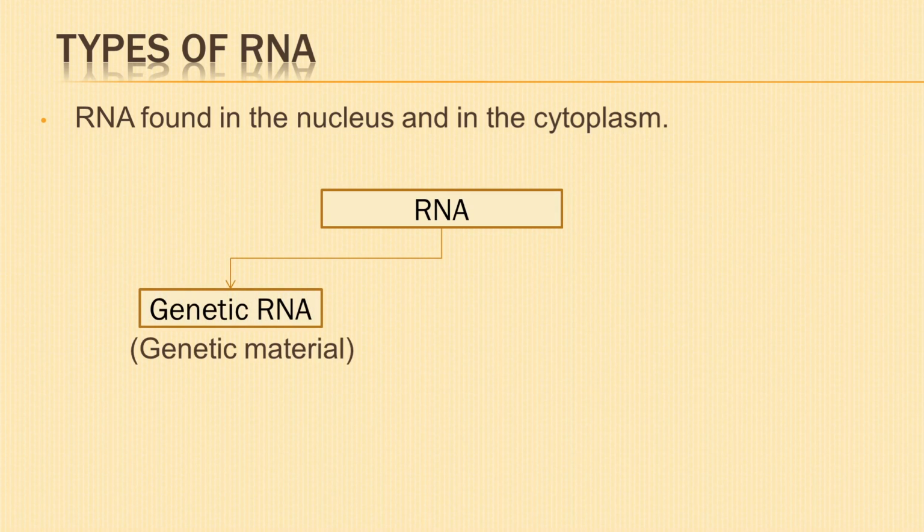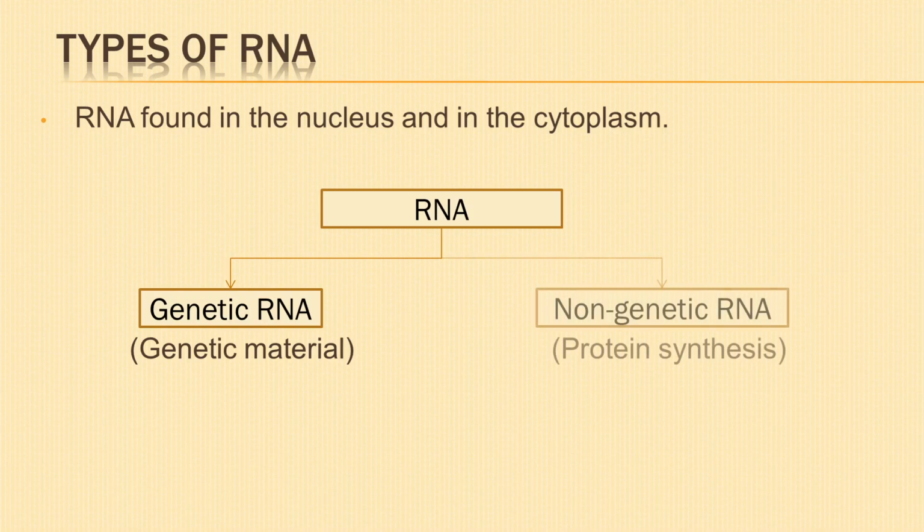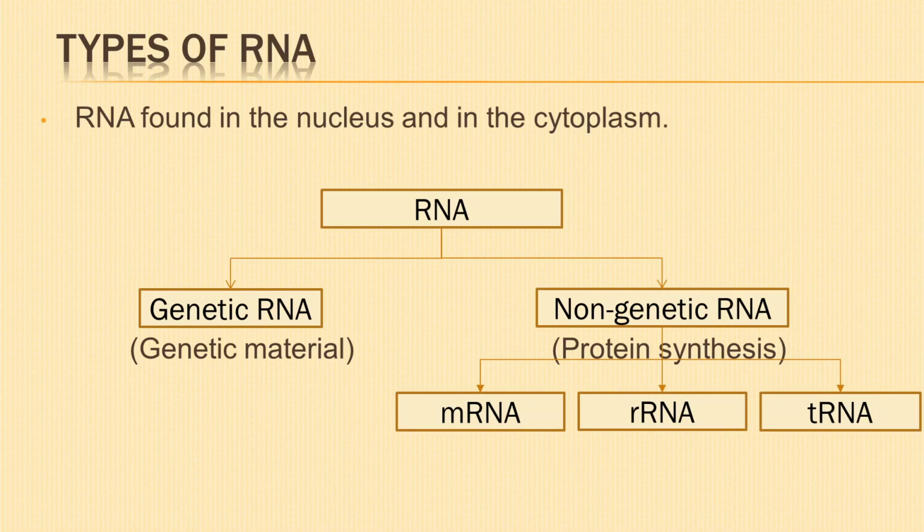One is the genetic RNA, which acts as a genetic material in some plant and animal viruses, in bacteriophages, etc. Second is the non-genetic RNA required for protein synthesis. They are of three types: messenger RNA, ribosomal RNA, and transfer RNA.